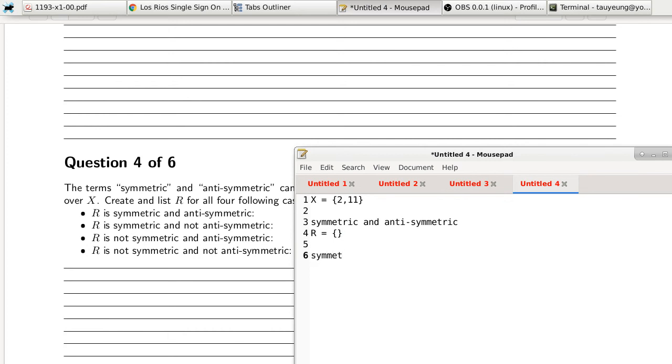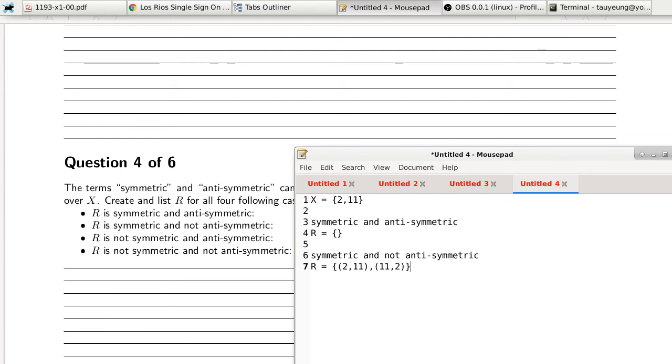Okay, next one is symmetric and not anti-symmetric. This is the opposite of the first one. R is {(2, 11), (11, 2)}. This is symmetric because 2 R 11 if and only if 11 R 2, and all the other pairs do not exist, which is fine because if one is missing, the other has to be missing.